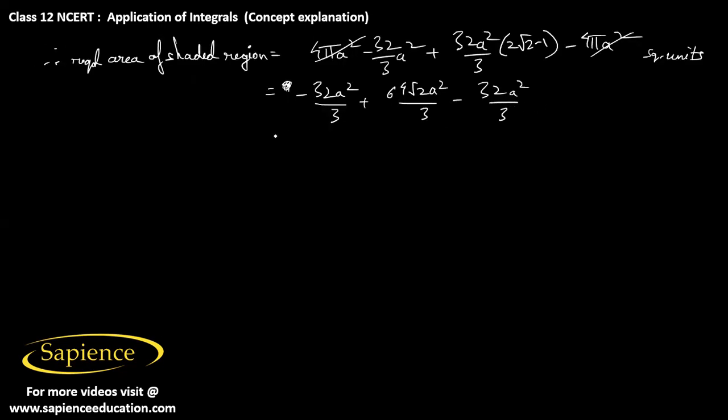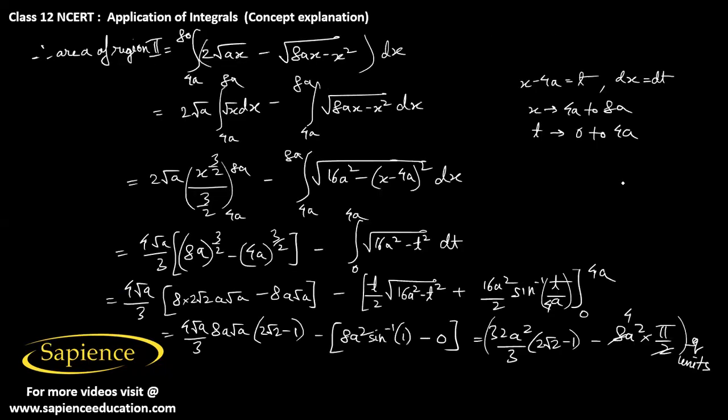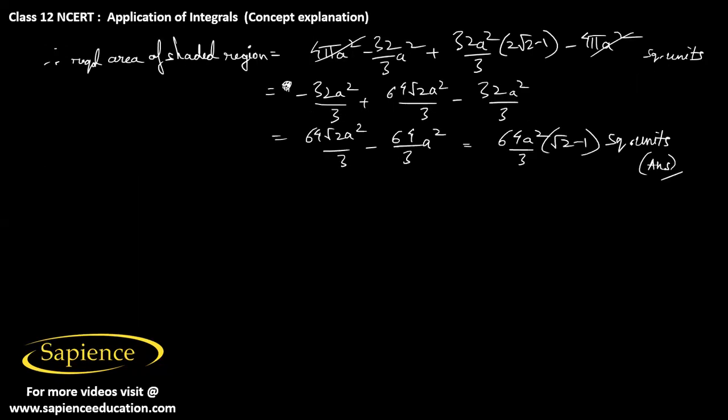So this will be 64 root 2 a² by 3, then minus 2 into 32, so 64 by 3 a². So the answer is 64a² by 3 into root 2 minus 1. So this much square units. So this is the final answer for the area of this shaded region. Thank you.